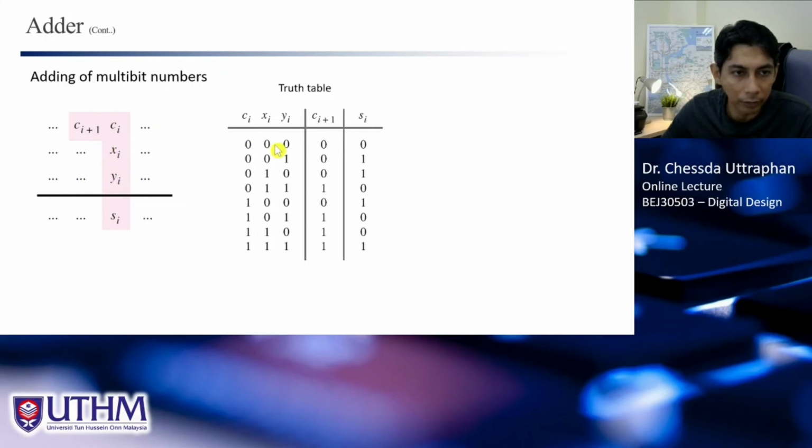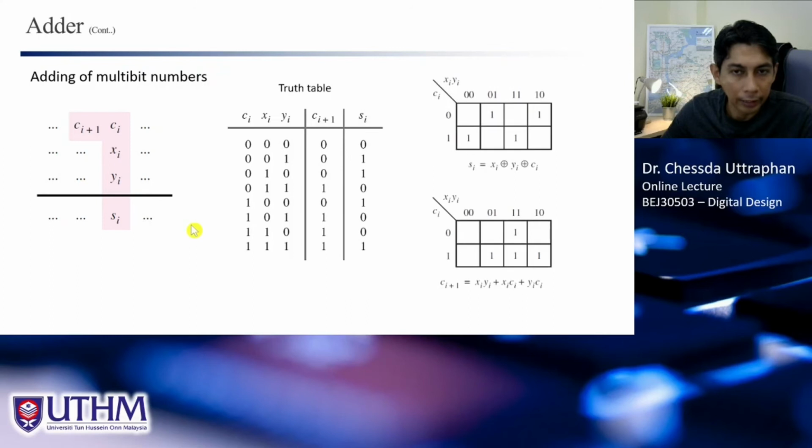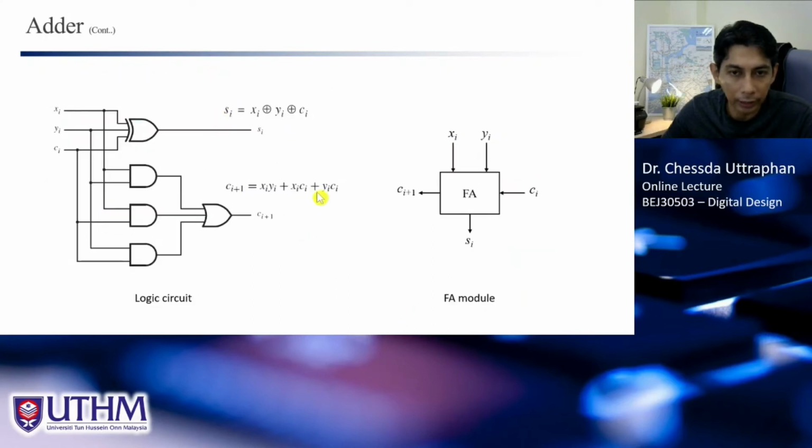When 0 0 0, we have this. When 0 0 1, we have this. So we can create a series of processes here, right? And for one process here, we can create the circuit based on the truth table, and then we can have the Karnaugh map, and we can generate the circuit for this, right?